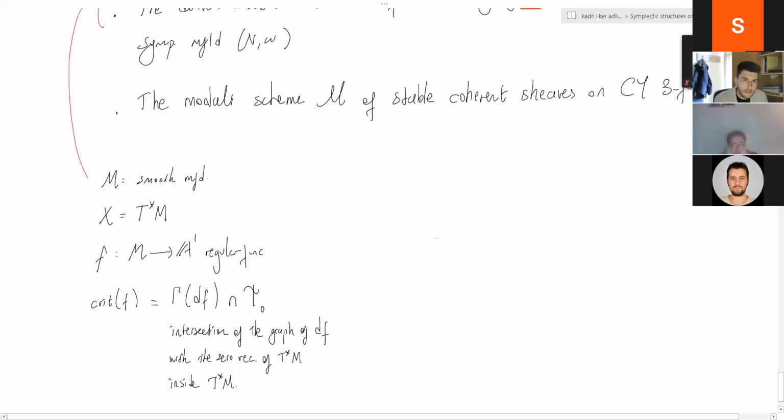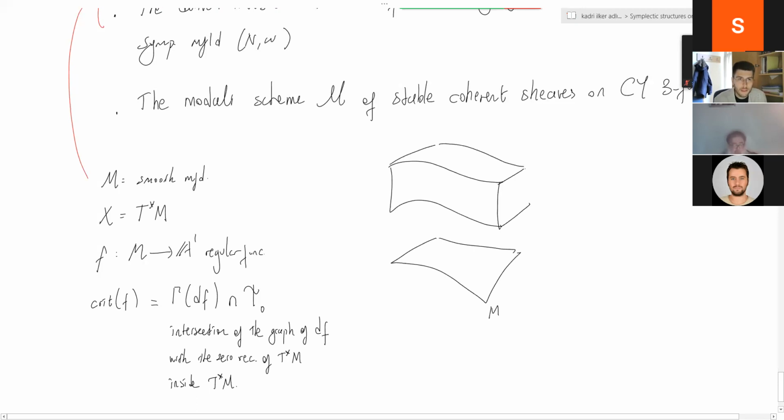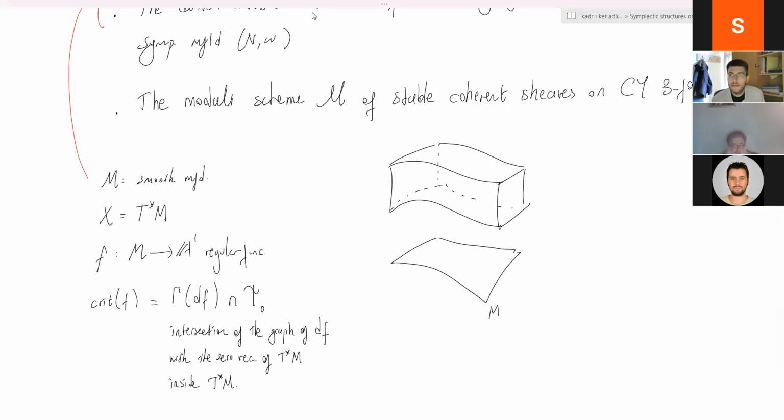Okay, so actually this makes sense because if you consider this picture, let's say this is M, and let's say this is our cotangent bundle on that thing. Of course, we have this embedding, right?